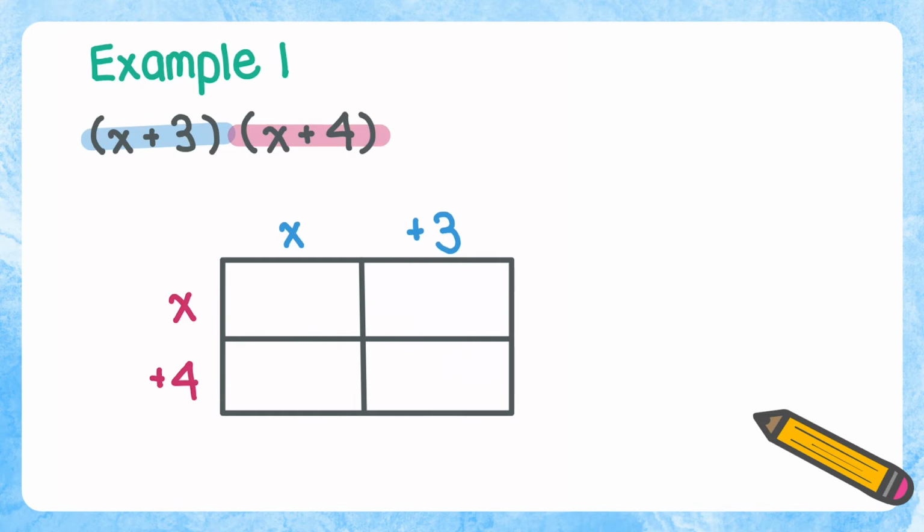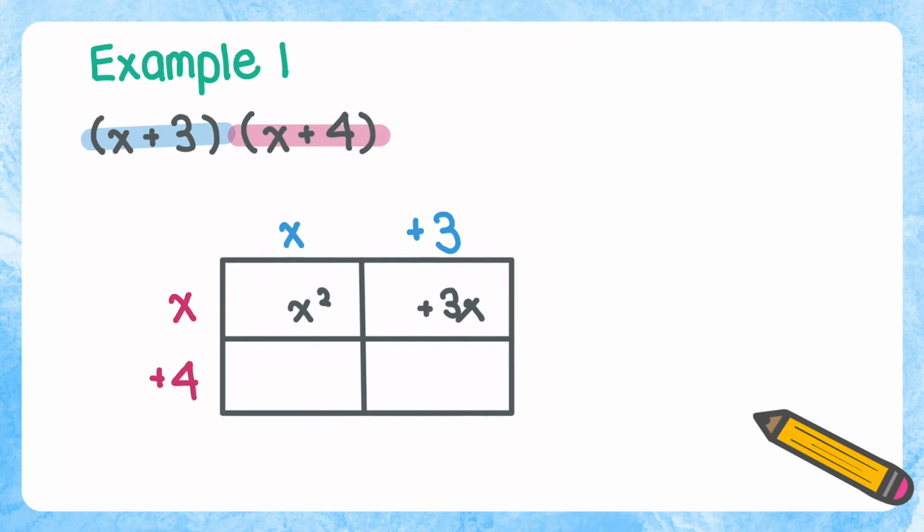Now I'm going to start multiplying out these mini boxes. First we do x times x, that's x squared. Then positive 3 times x equals 3x, and that's positive, so positive 3x.